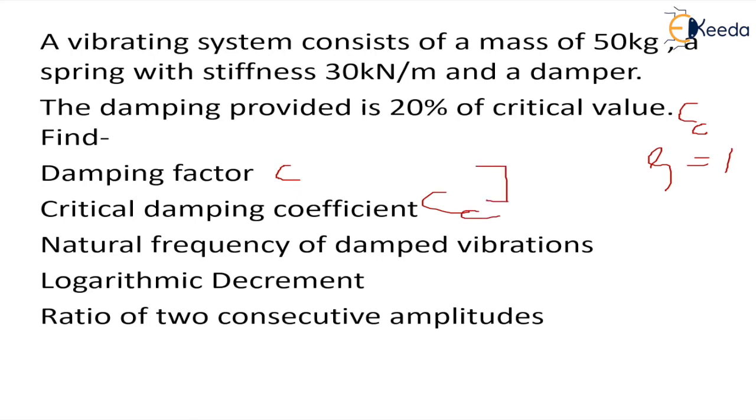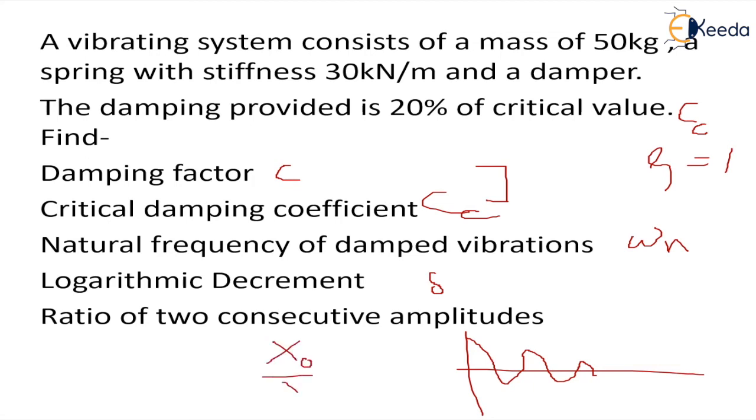We have to find the natural frequency, which is omega n, the logarithmic decrement, which is delta, and the ratio of two consecutive amplitudes, right? So we know in case of underdamped systems, the vibrations die out like this. If the question says ratio of two consecutive amplitudes, that means we have to find the ratio of x naught upon x1, or you can say xn upon xn plus 1.